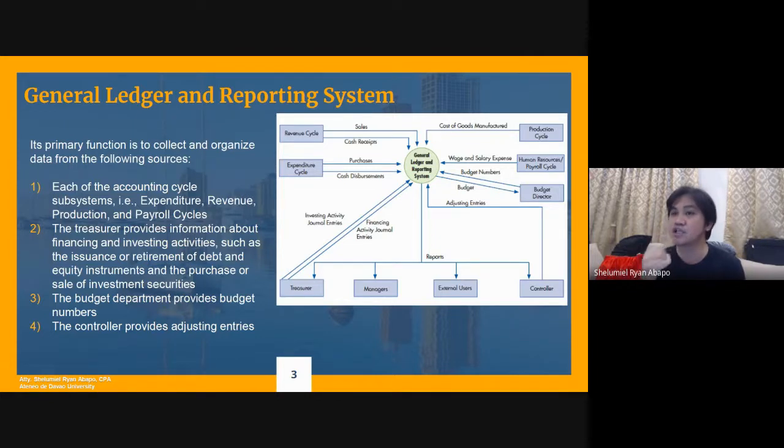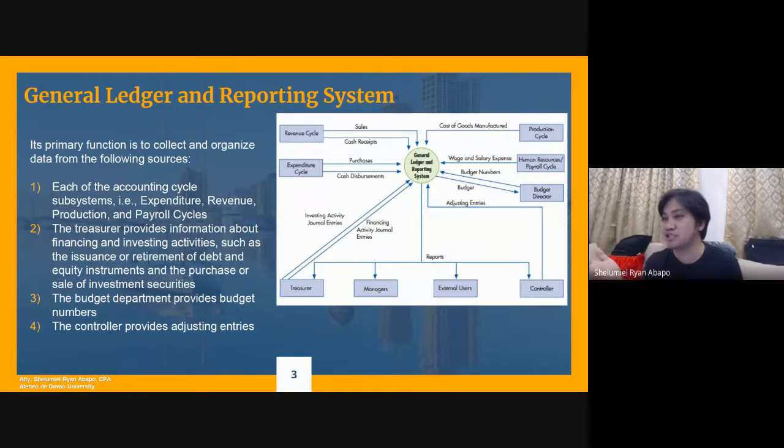The expenditure, the revenue, the production, and then the payroll cycles. These cycles or subsystems have transactions, right? When we discussed the expenditure cycle, it has purchases, and then the recording of liabilities, and then the payment of these liabilities. In revenue, we have the fulfillment of customer orders, the delivery, and then recognition of revenue, and then collection from our customers.